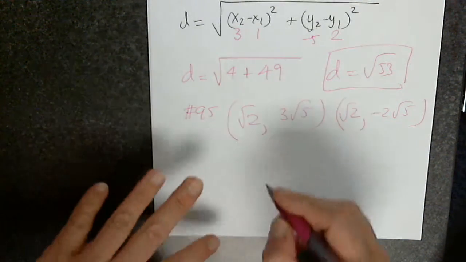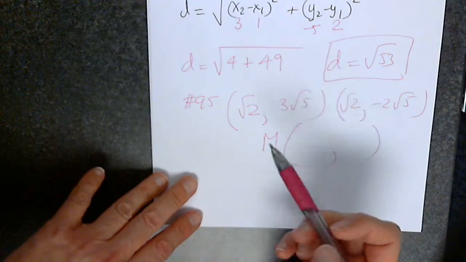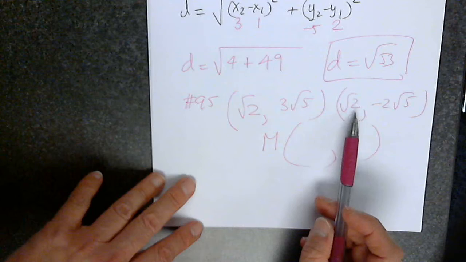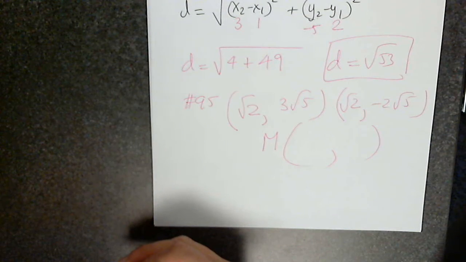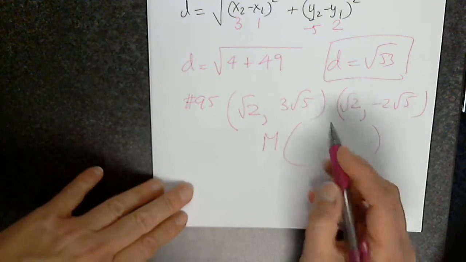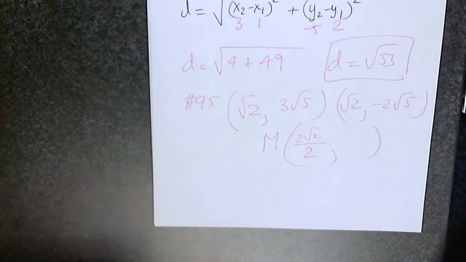Just the midpoint here. When I add the square root of 2 to the square root of 2, what do I get? Careful. When I add an apple to an apple, how many apples do I get? 2. So I have 2 the square root of 2 that needs to be divided by 2.